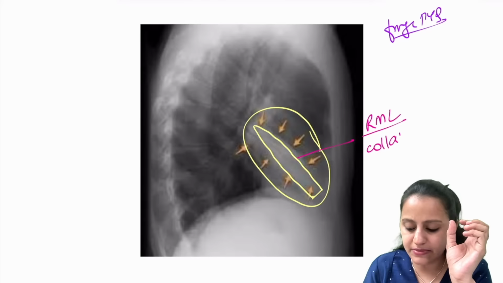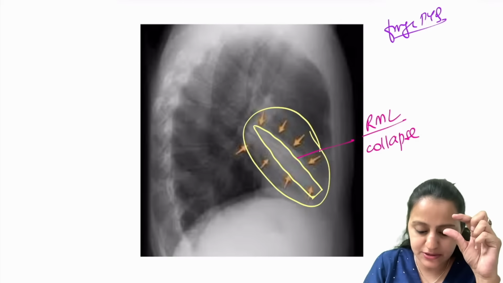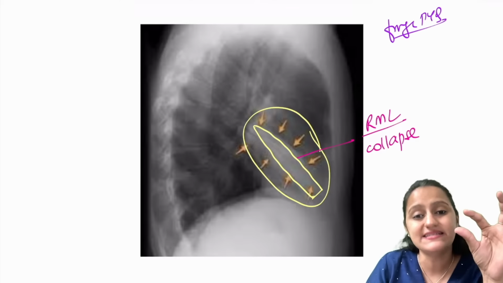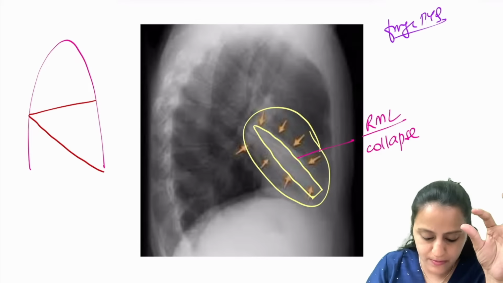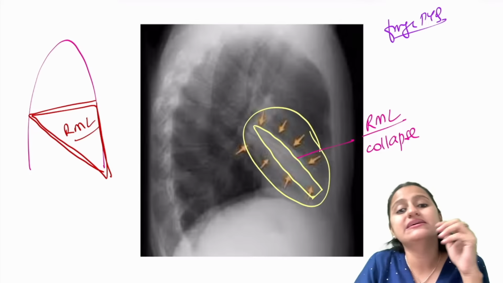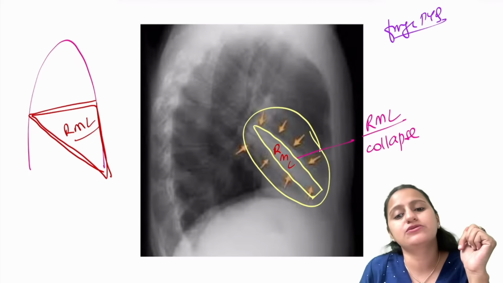This is right middle lobe collapse. Okay, because the two lines of that triangle or wedge represent the two fissures of the right side. On the right side, you have the horizontal fissure and the oblique fissure. In between these two fissures lies the right middle lobe. So this is going to be right middle lobe pathology.